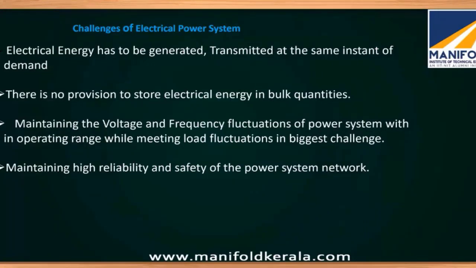Why? Because you cannot extend your cable length beyond 30 kilometers. It will become highly impractical. We have a lot of practical problems that we discuss in cables. So most of the transmission and distribution that happens is overhead. These overhead conductors, insulators, and towers are exposed to all possible worst weather conditions.